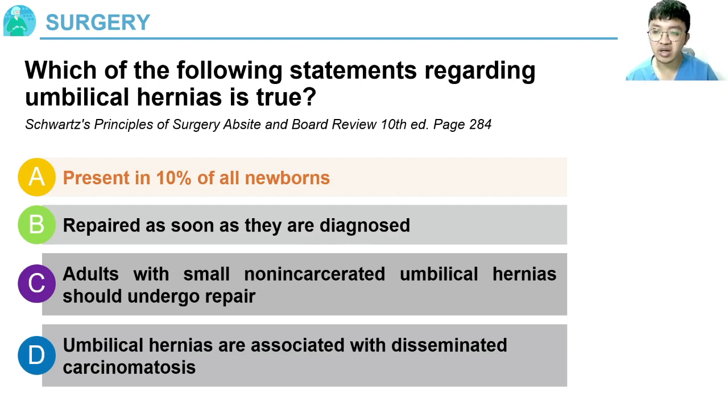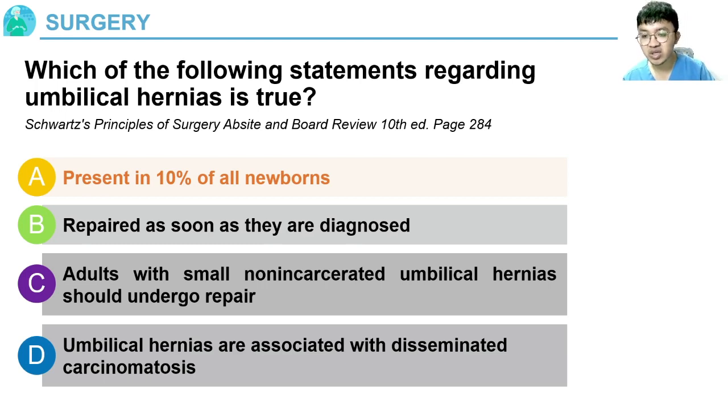Umbilical hernias are not repaired as soon as they are diagnosed because usually they may still resolve by the age of 4 to 5 years. Adults with small non-incarcerated umbilical hernia should not necessarily undergo repair. If it's already in the adult stage and it's non-incarcerated and small, you may observe the patient.